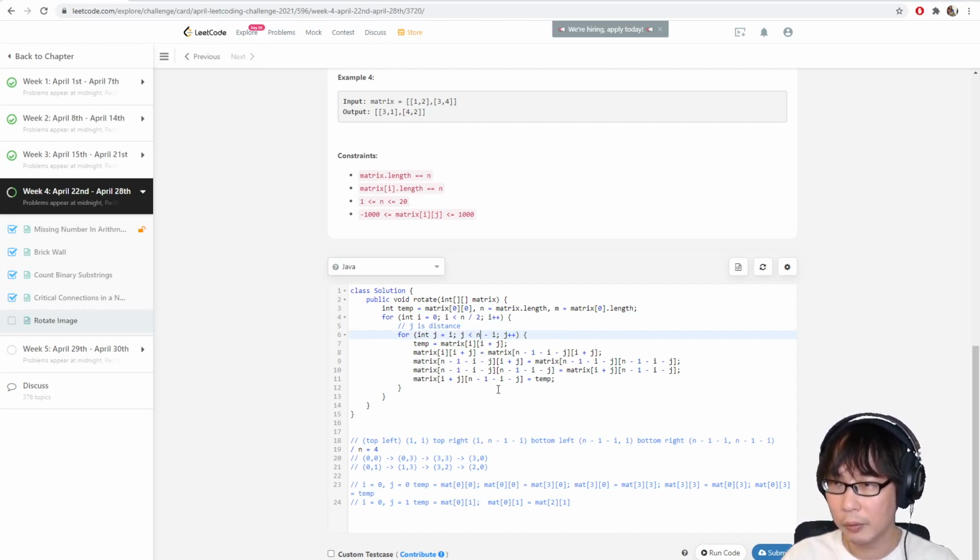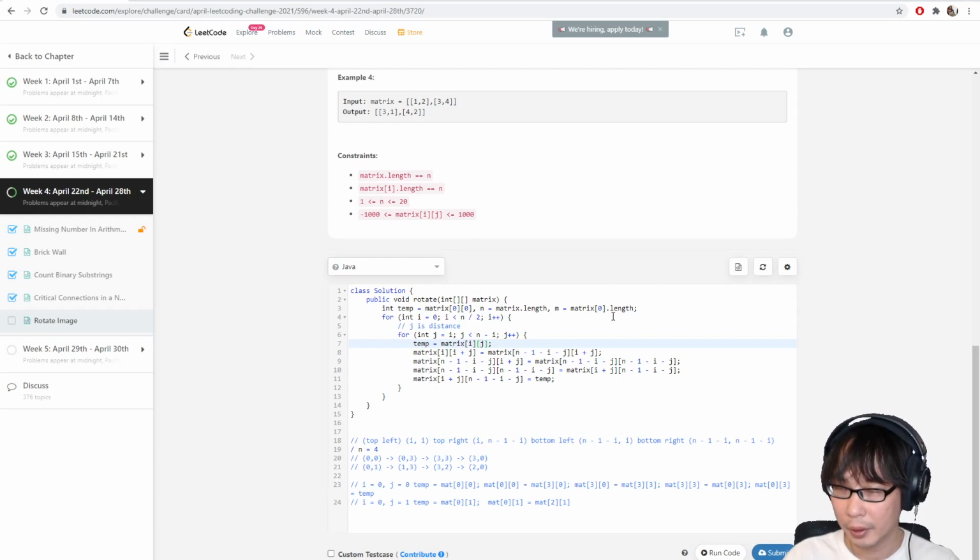And then the first one will be ij. And then ij will become, so I need my bottom left.